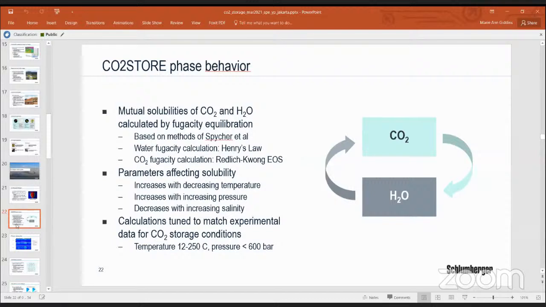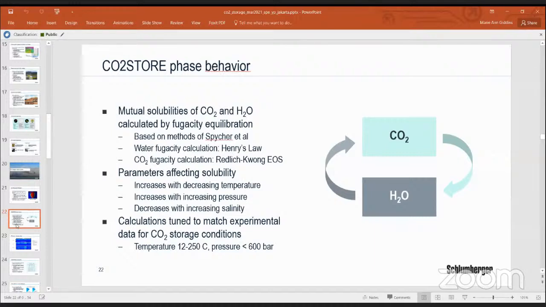So some people might ask, why do you inject in a saline aquifer if it reduces the solubility of CO2? And the answer is because there's a very large volume of saline aquifers available for injection. And also we don't want to contaminate fresh water. So if the water is fresh enough for CO2 to dissolve really easily, then it's probably also fresh enough to be used for drinking water and agriculture.